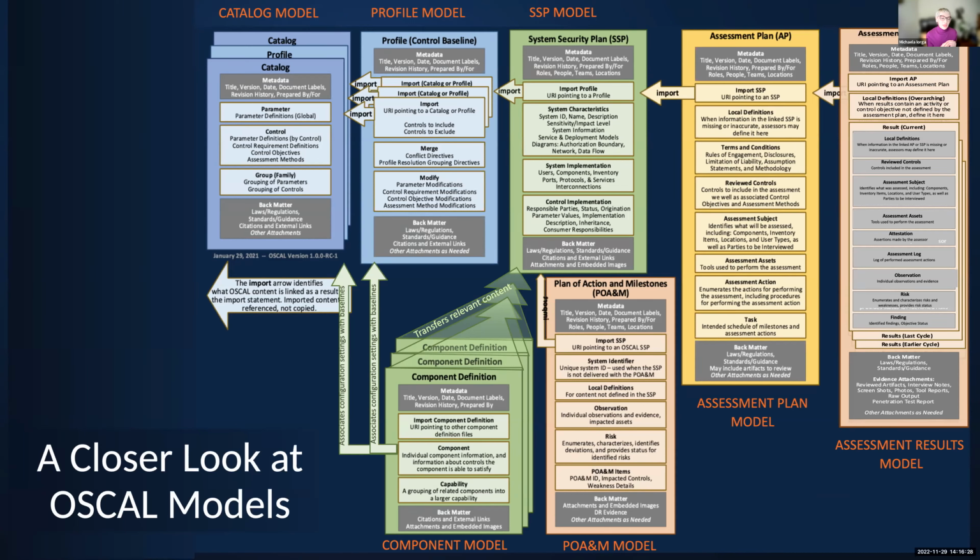One very important thing that we address with OSCAL is the fact that every single piece of information there, not just at the assembly level, but at very detailed level, has a unique identifier. So if I'm looking at a control catalog, I can point very clearly either to a full control or to a guidance of the control or to a simple statement in the control with a unique identifier.